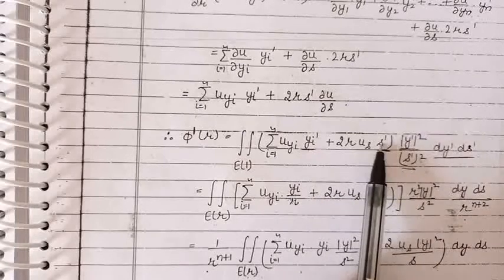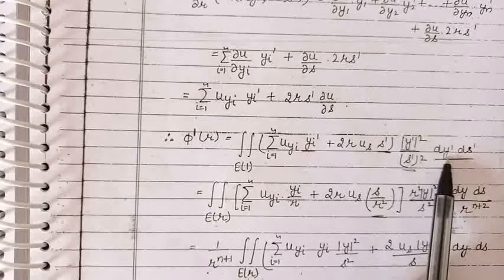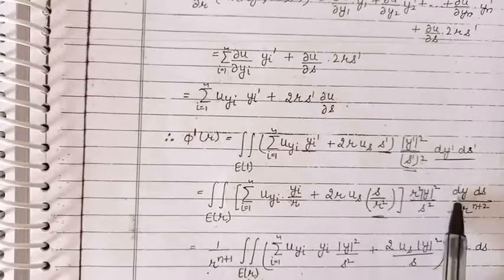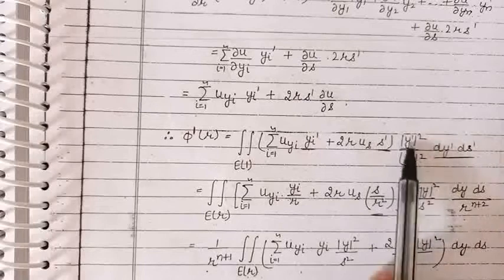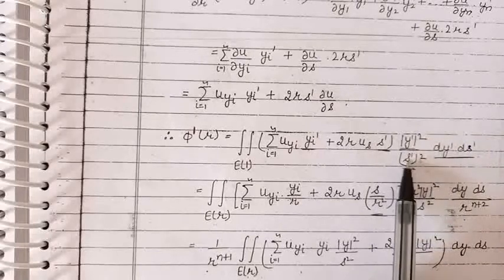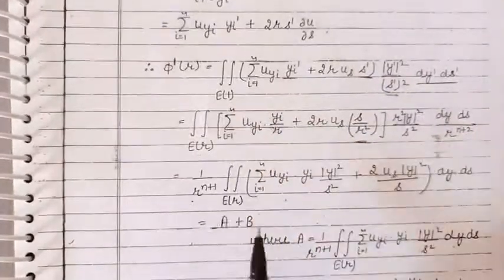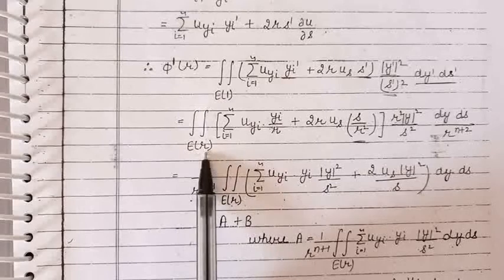The value of s dash is s upon r square. The value of dy dash into ds dash is dy ds upon r to the power n plus 2. Here also you can put the values of y dash and s dash. Correspondingly, this unit ball will be converted into the ball corresponding to r.